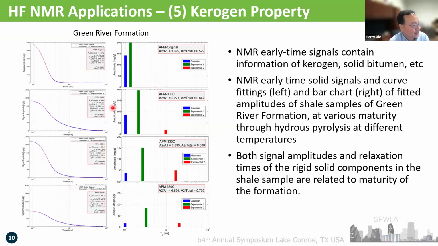You can use the NMR data to correlate with the so-called maturity of the kerogen, to try to understand the kerogen. Sometimes if people do pyrolysis, it takes a long time, and doing this work is much quicker.